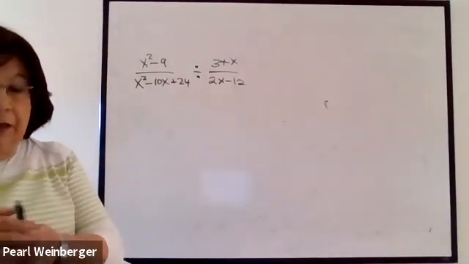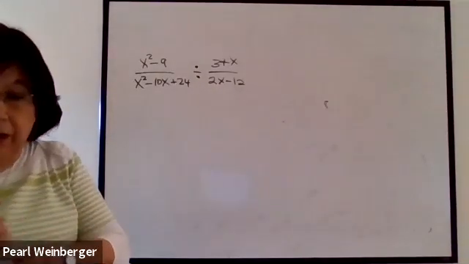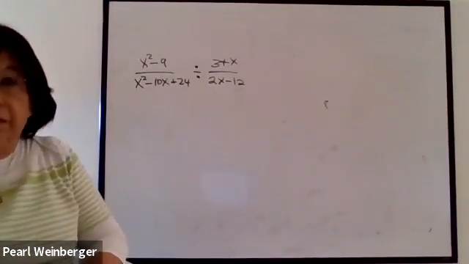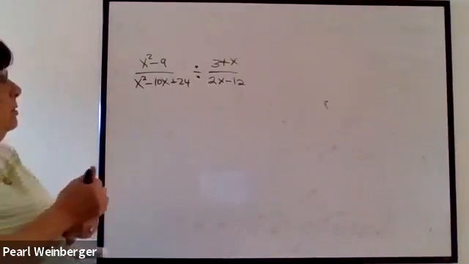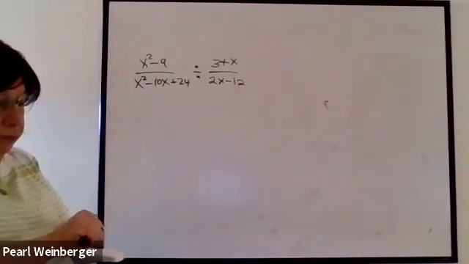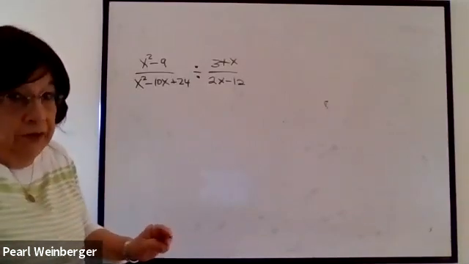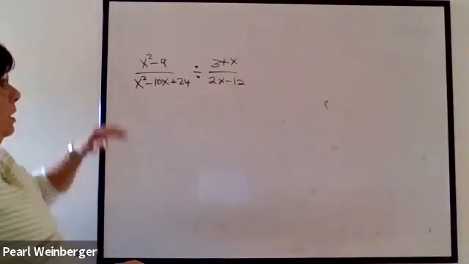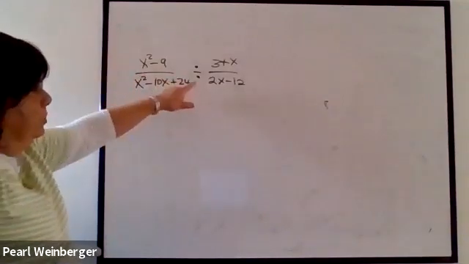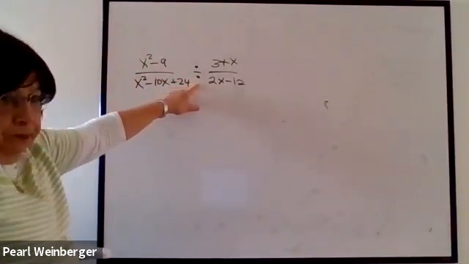Okay. I think I see some people have already put answers in, so let's see if we can do this together. We'd like to get our answer in as simplest form as possible. Again, in order to do that, first of all, I see this is a division.